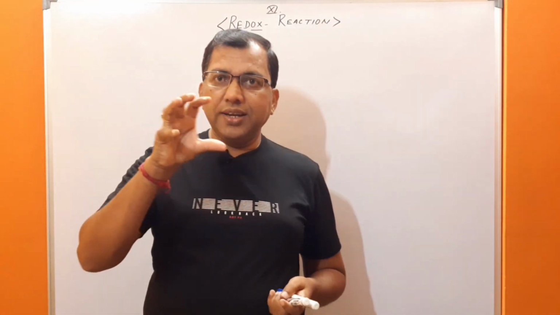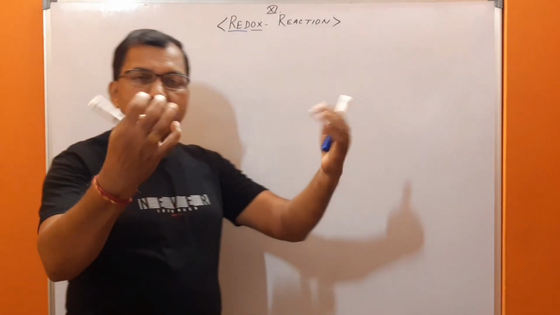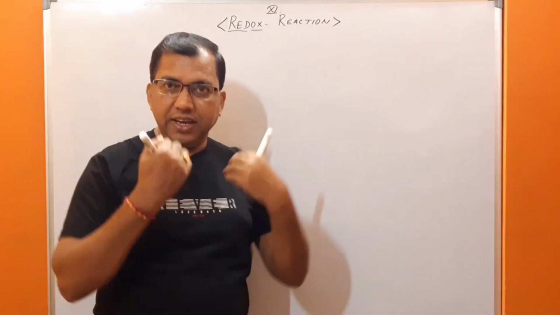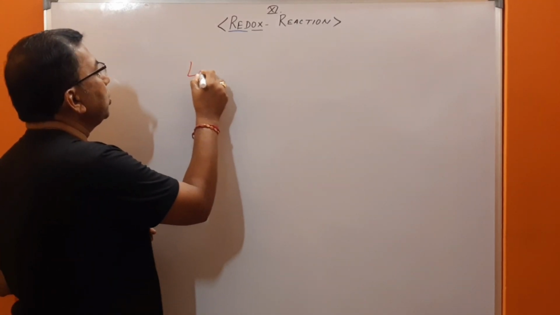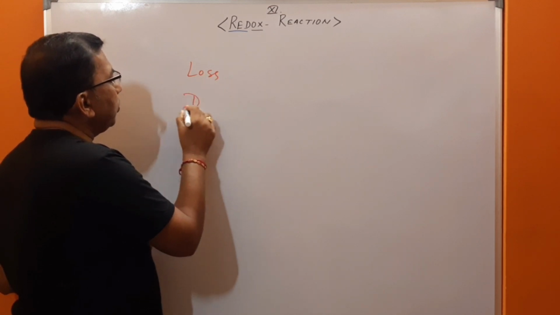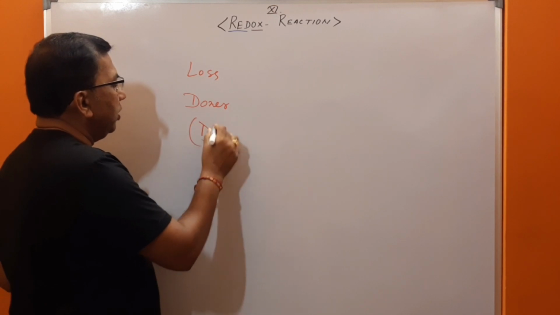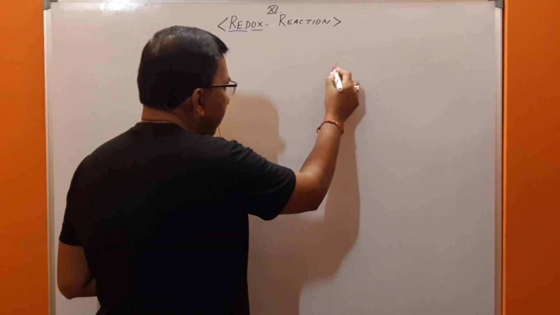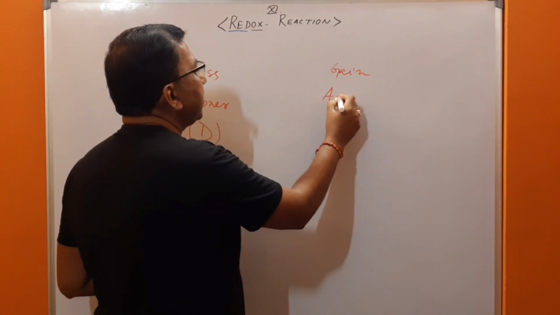Oxidizing agent or reducing agent. What we see here is electron loss, electron gain. Loss means donor. Gain of electron means acceptor.